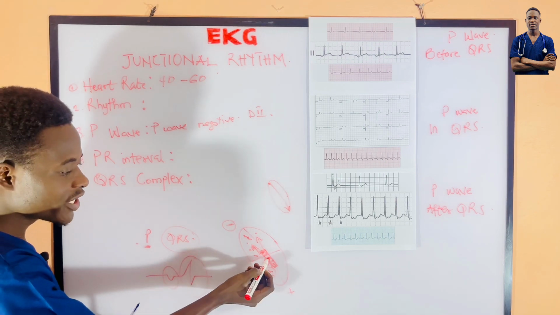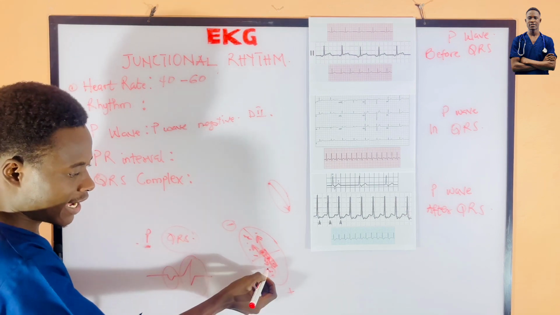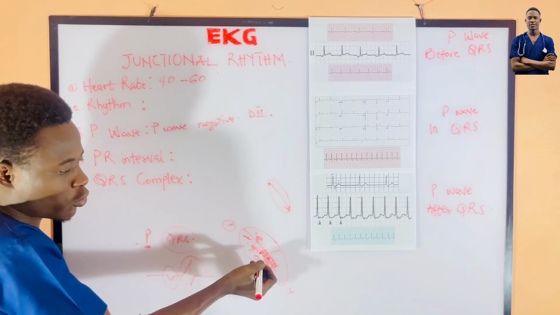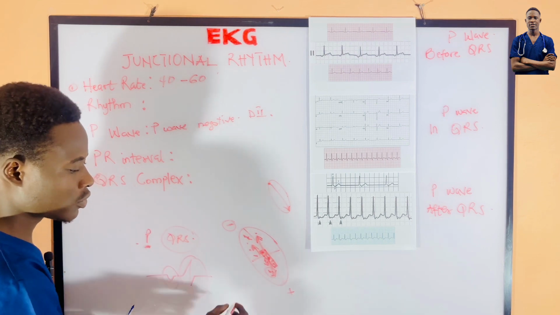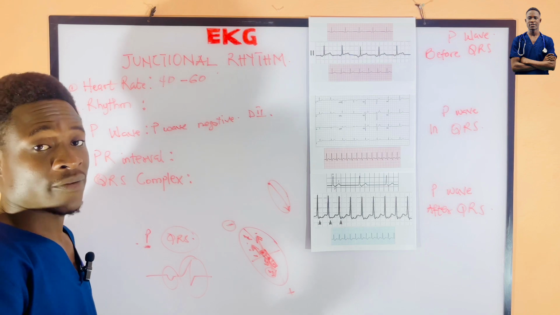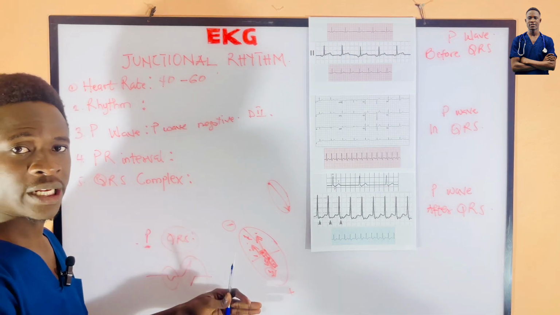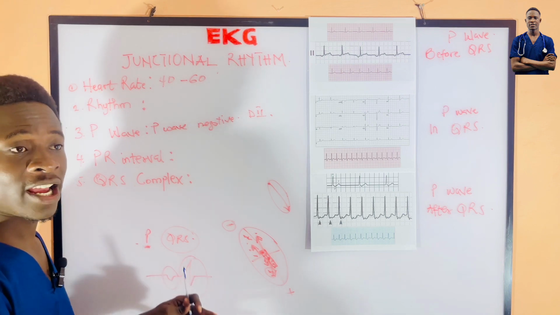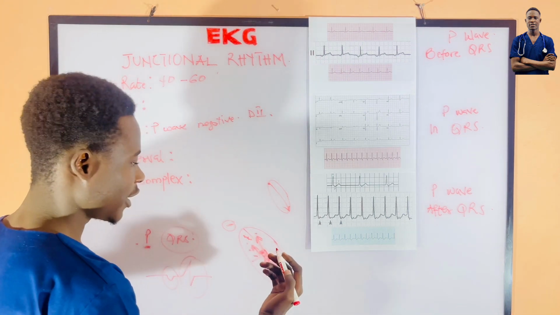So when you generate electrical impulse over here, the vector moving upwards to depolarize the atria, and then the vector moving downwards to depolarize the ventricle, they are going to reach at the same rate. So they are going to depolarize at the same rate. But look at something over here.